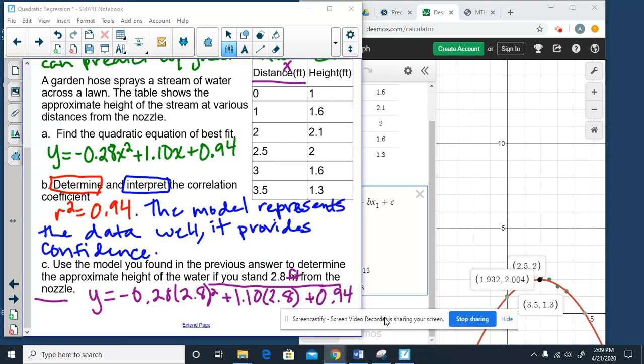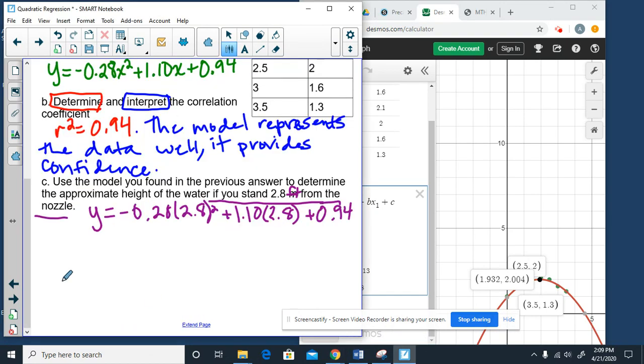So we've got about, let's see, I'm going to give myself a little more space. The height is approximately, I think we found 1.79. Let's go ahead and check by calculations as well. If you calculate that, do you agree with what our graph was showing?